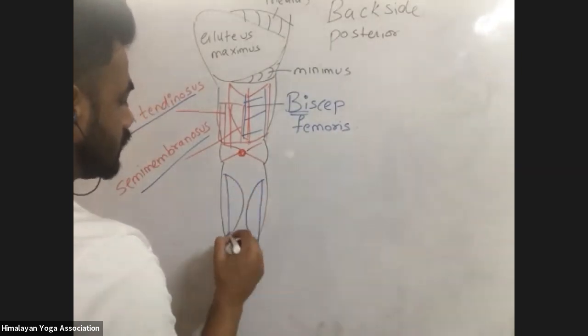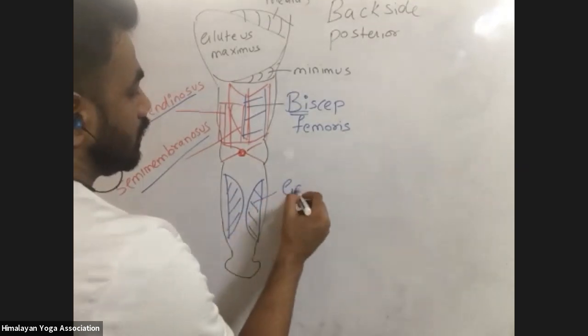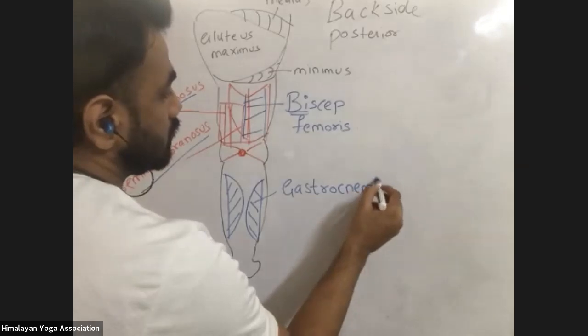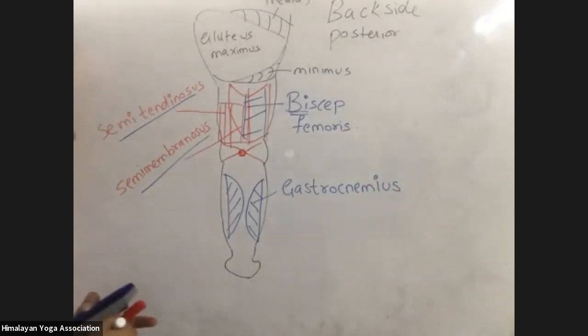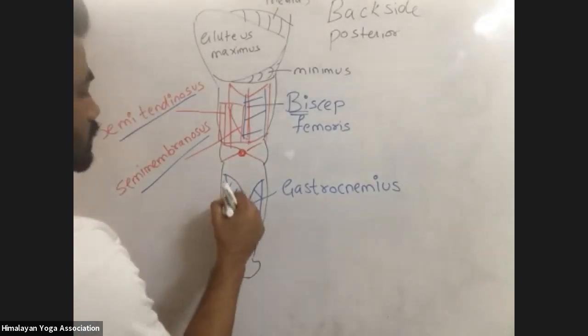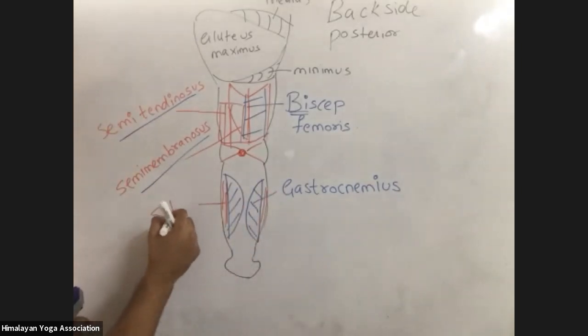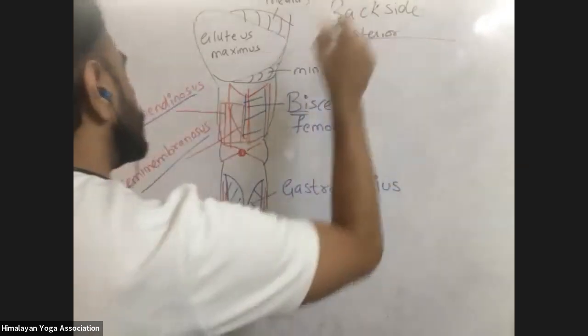These two muscles at the calf are the gastrocnemius. At the side of the gastrocnemius, you will also see the soleus muscle. So you also have the soleus that we also saw in the anterior view. This is the posterior view.